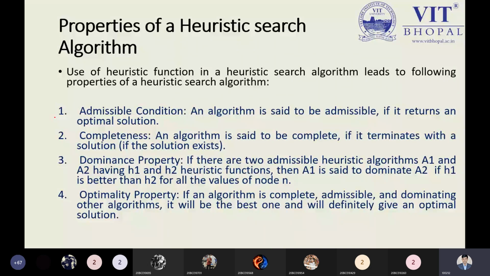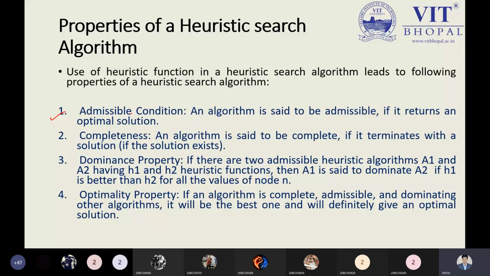Read all the points in your mind and tell me what is meant by the admissible condition. Can anyone tell me right now? Everything is in front of you, so read and think. Anyone can ask you, oh, you know the heuristic function, so what is meant by the admissible condition? If you are not able to say anything at that moment, everyone will know you did not go through the proper properties of the heuristic function.